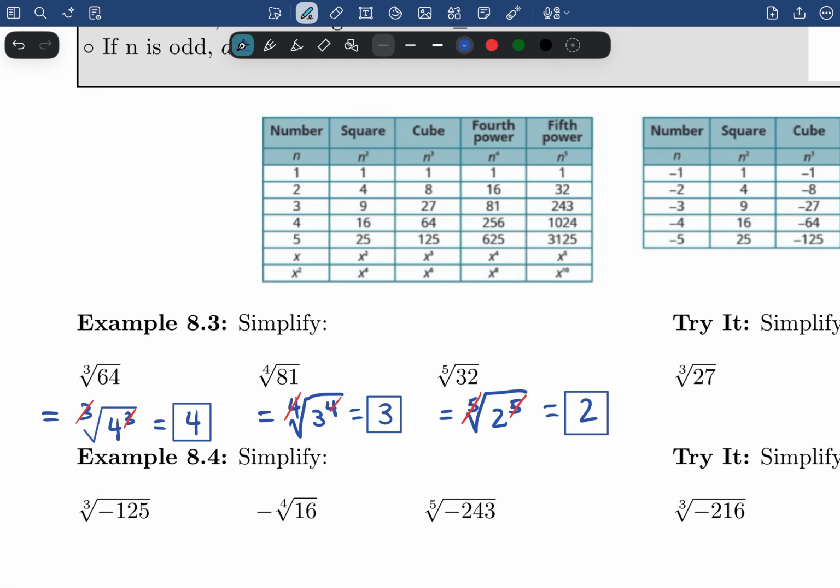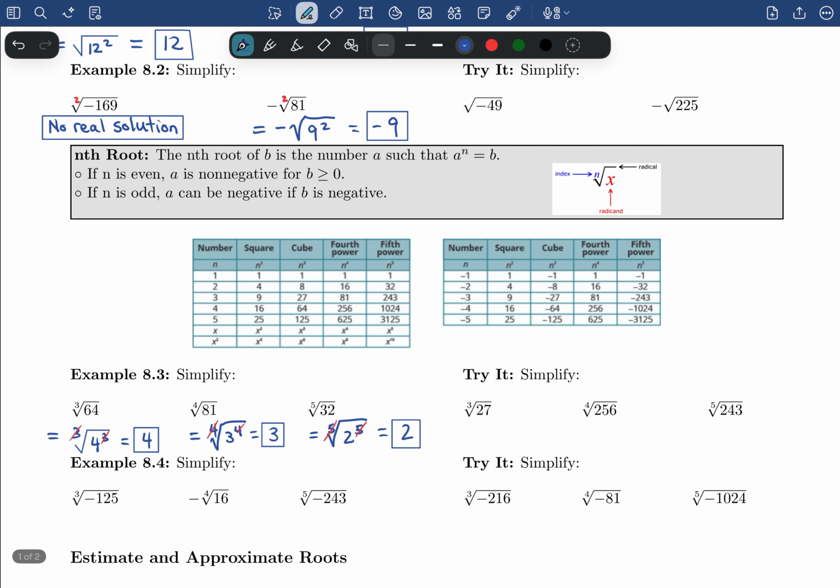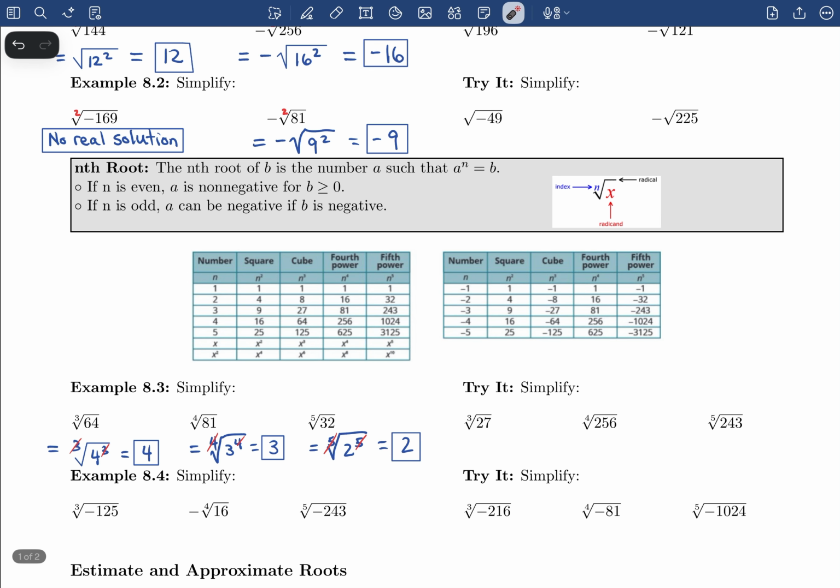Now, let's play with some ideas when it comes to having negatives inside of a root. Like we said earlier, you can't have a negative inside of a square root, but that is the case for all even roots.